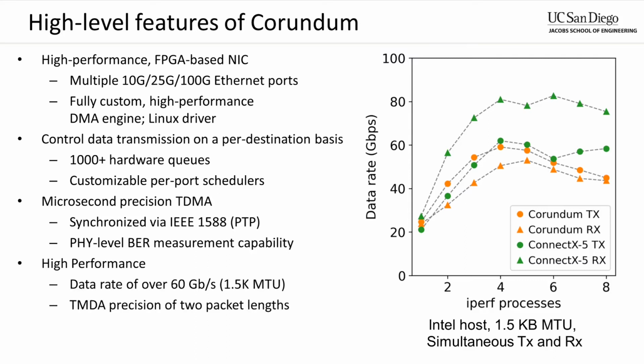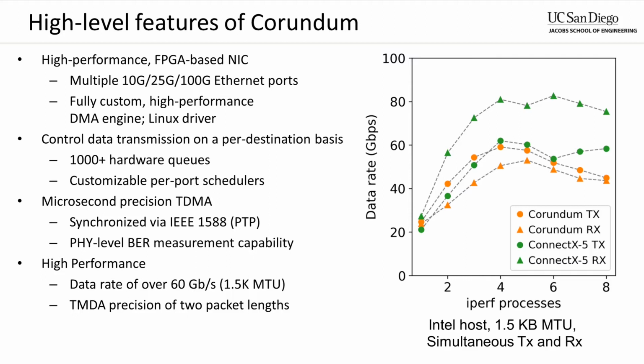The core Corundum data path is quite high performance and can support transfer rates of over 60 gigabits per second for 1.5 KB MTU frames on a 100 gigabit per second link. The plot on the right compares the performance of the Corundum NIC to a commercial Mellanox ConnectX-5 NIC. This data was collected using a variable number of iPerf processes to load the link in both the transmit and receive directions simultaneously.